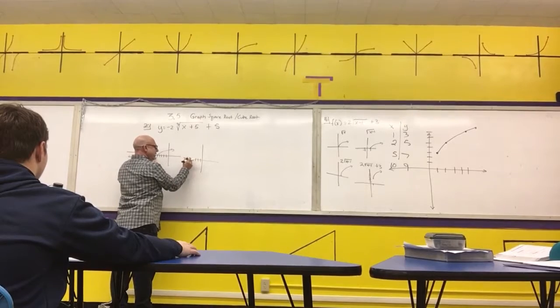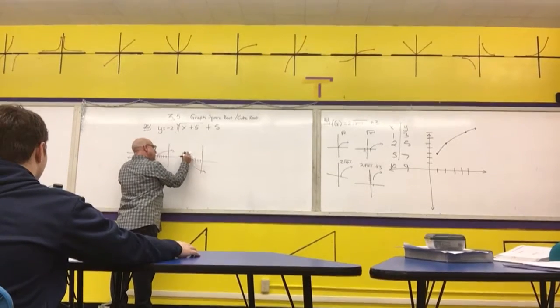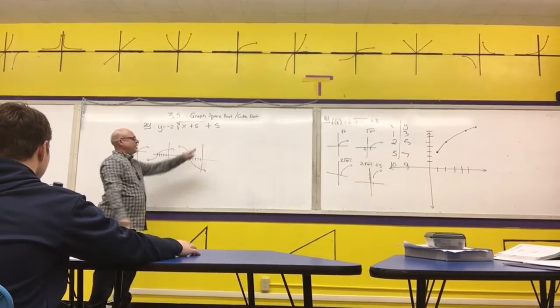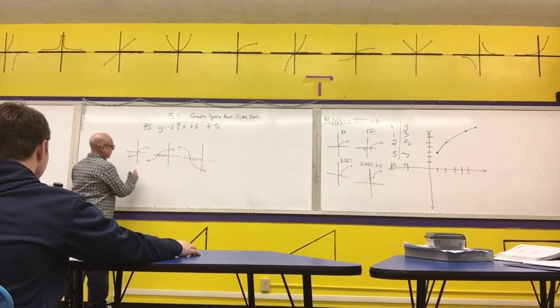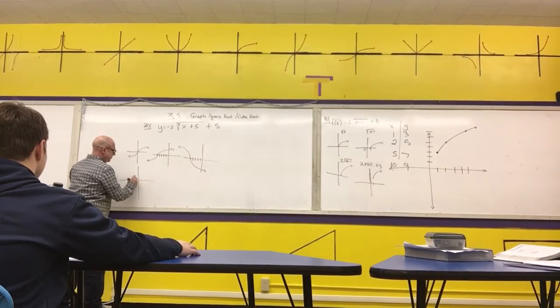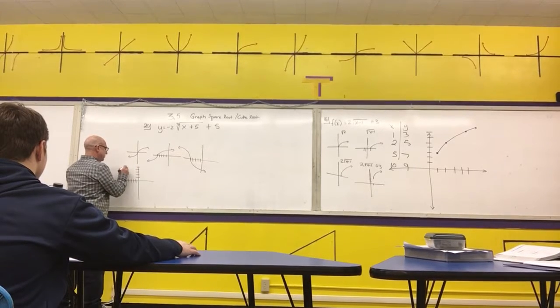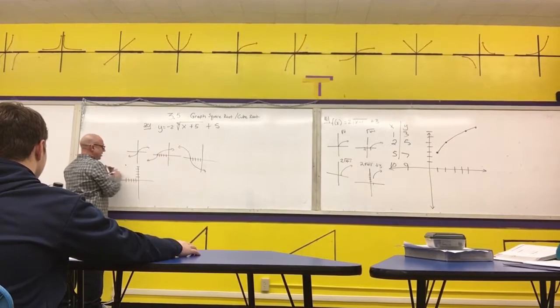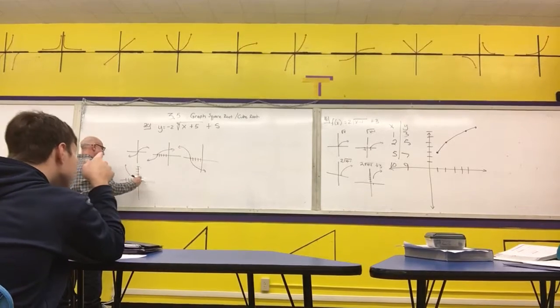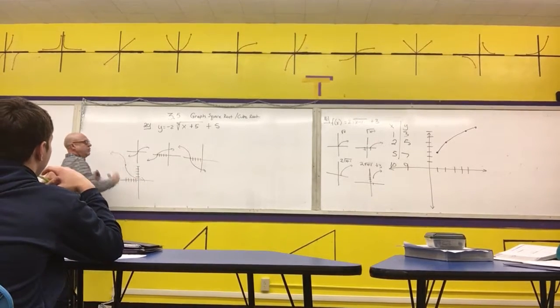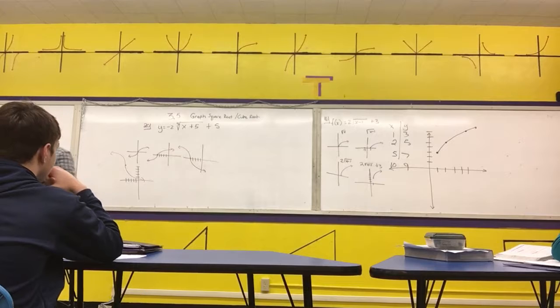Flipped upside down and stretched. Then I'm going to take this whole thing and move it up 5. And it's still going to have that downward sweep and this upward sweep. Those are my scratch graphs. Any questions on those?